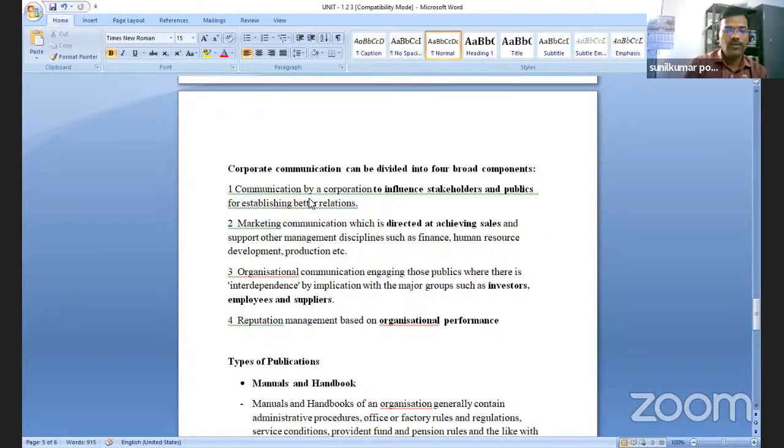Number 4 is reputation management based on organizational performance. If the organization performs well, automatically the reputation will come. Sometimes there is a crisis we have to overcome, so crisis management is also one of the parts.